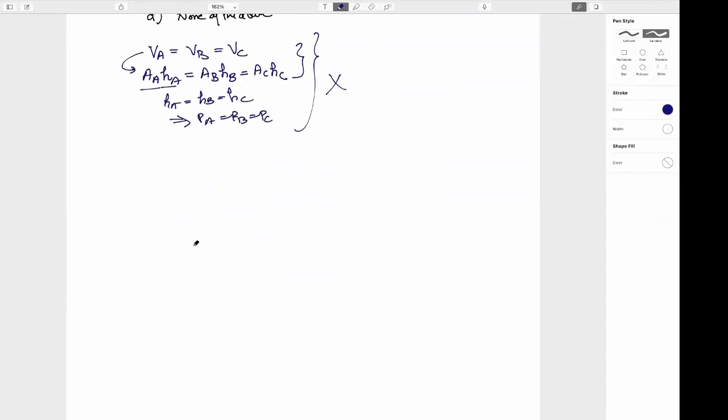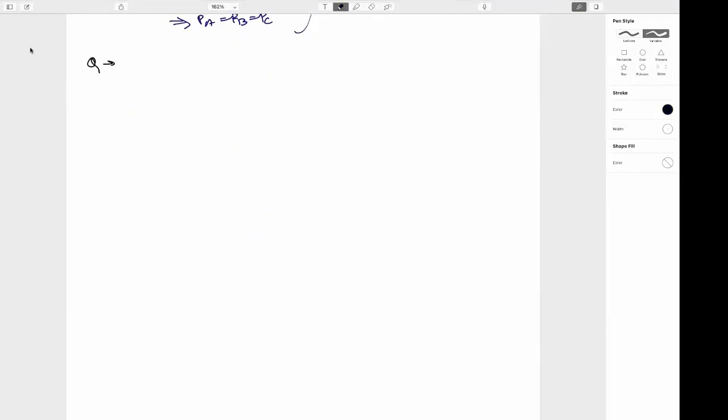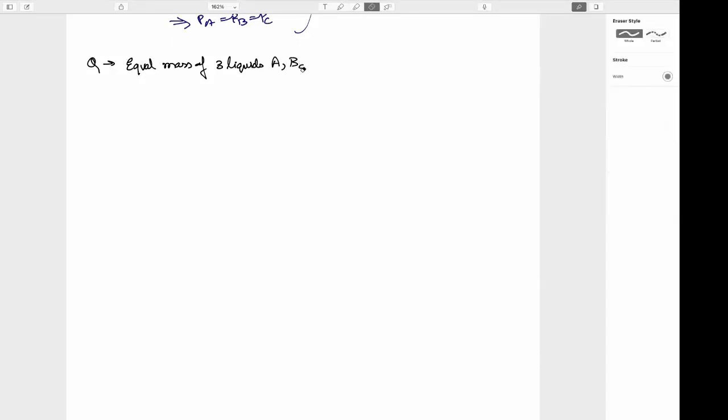Let's take another question. So now we have equal mass of three liquids A, B, C poured in three similar vessels.